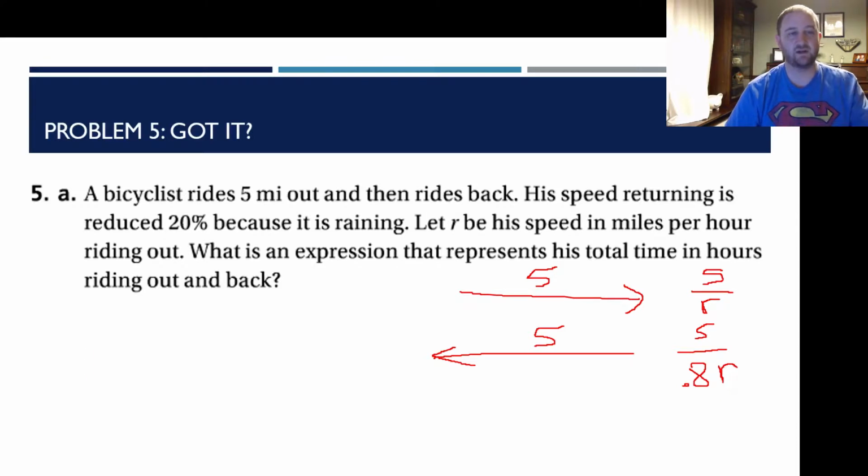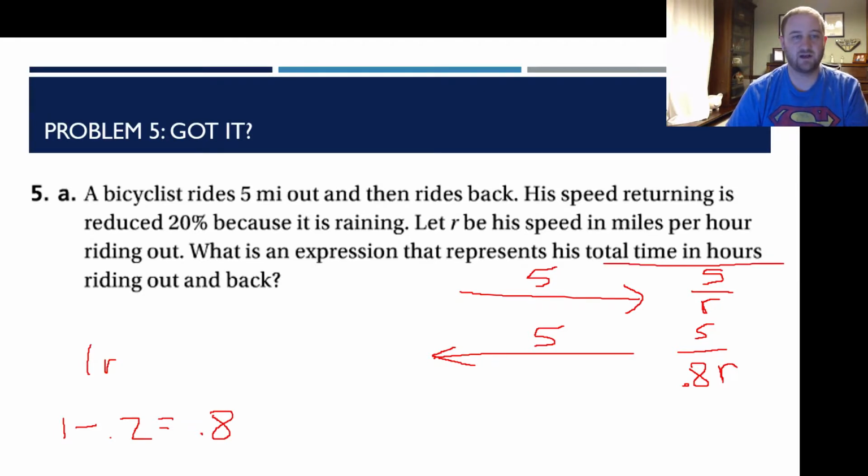If full speed is 1R, 20% slower than that is 1 minus 0.2, which is 0.8. So we want 0.8R. Now to get the total time in hours riding out and back, we're going to add these together. 5 over R plus 5 over 0.8R.